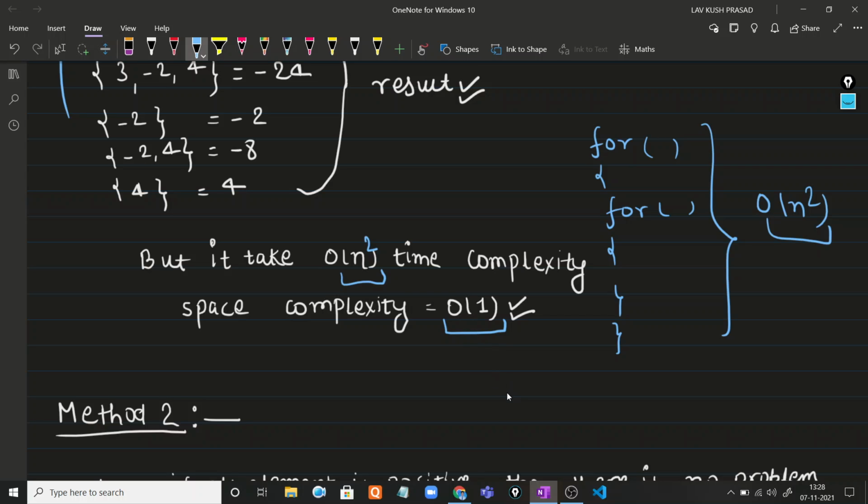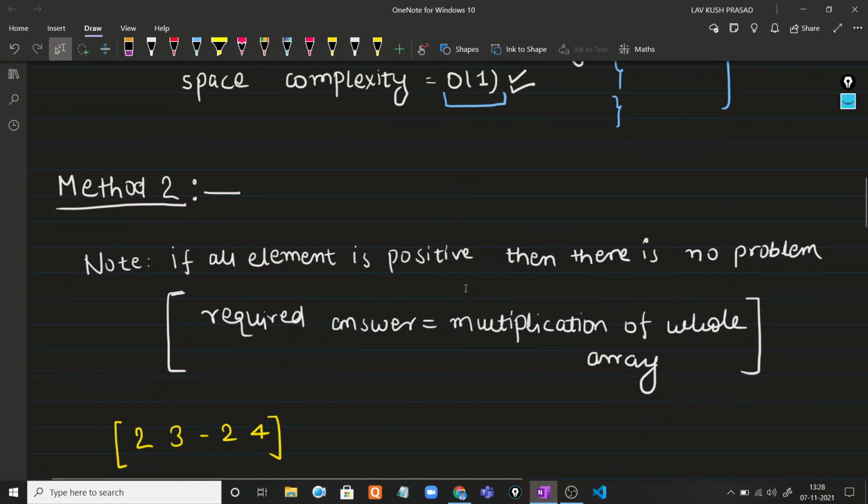So let's move to the other optimized solution, which is method 2. In this method 2, let's consider a case where we have an array like 1, 2, 3 and 4.